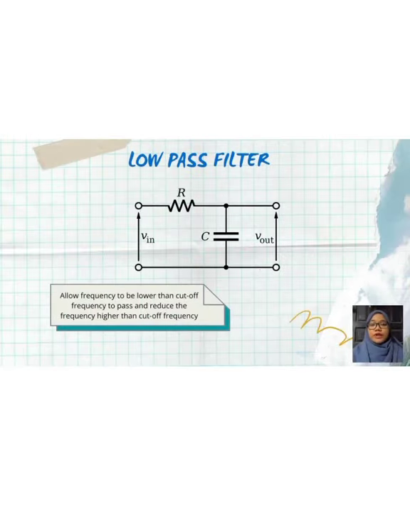Basically, there are two types of RC filter, which are low pass filter and high pass filter. The difference between these two is the position of the capacitor and resistor in the circuit. For the low pass filter, the capacitor is in parallel with the output while the resistor is in series. The low-pass filter will pass signals that have frequency lower than the cut-off frequency and will attenuate signals that have frequency higher than the cut-off frequency.